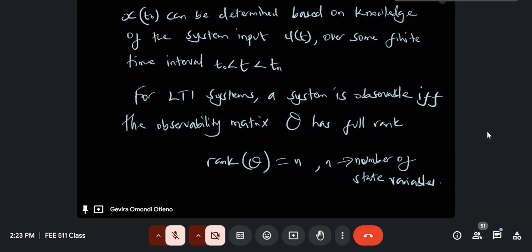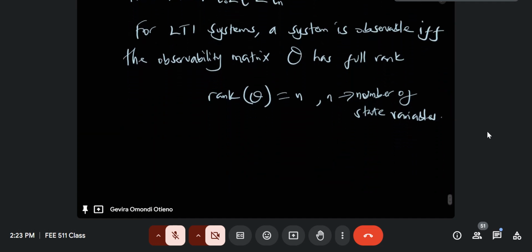So the idea here is we have to know what the observability matrix is. Now, the observability matrix has also been established before, and it is established as C, CA, CA squared.